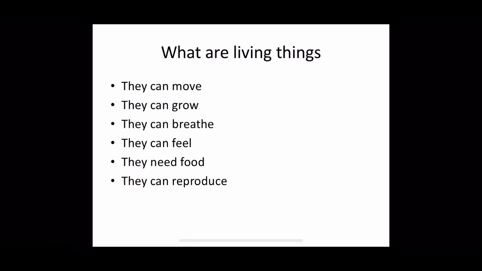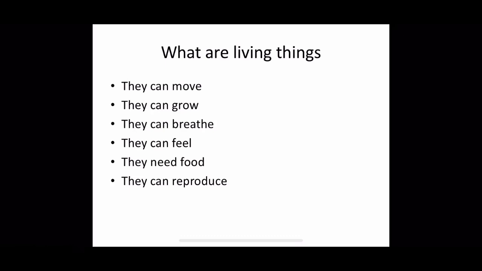Now, a very good example: the three-toed sloth is the slowest moving animal in the world, and it is found in South and Central America. So, this is one of the important characteristics of living things.